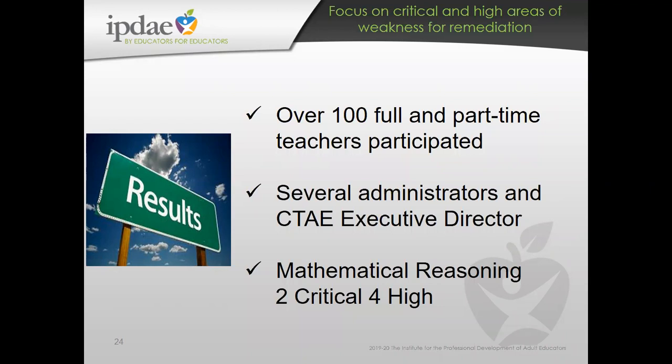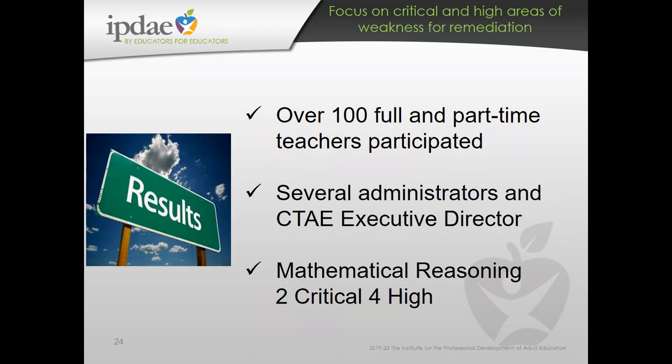The other subjects revealed as a district teaching force: in science, we had 2 critical and 4 high areas of remedial need. Social studies, we had 1 critical and 3 high. RLA had 2 high, no critical. So we did pretty well on that. But as you would imagine, the math was the hardest.